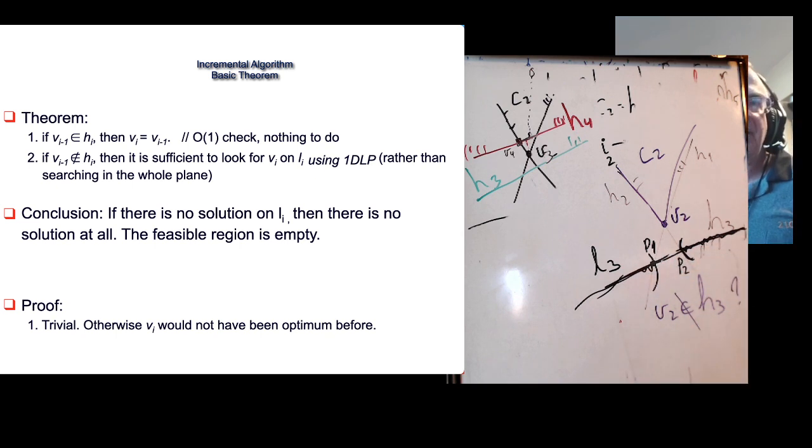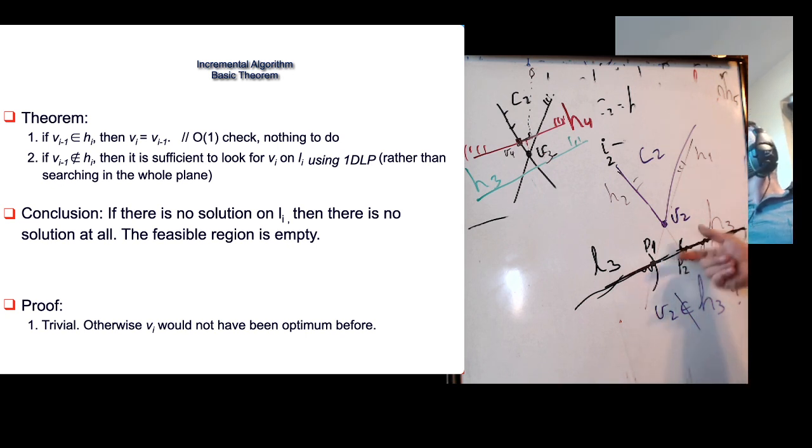Which point should I find over there? Absolutely none. There is no intersection, so the 1D LP tells me there is no intersection on the line L3. But the theorem told us any solution, if you find one, must be on this line. Conclusion: that's a good time to tell whoever designs the input, you did a bad job. There is no point in common to all the half planes.